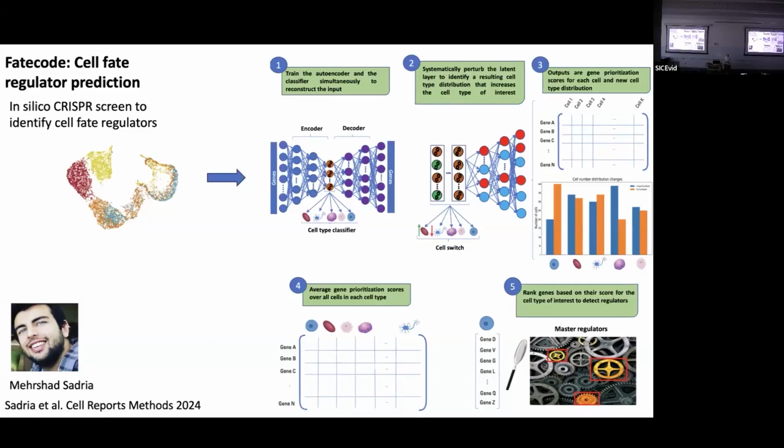So it's kind of like an in silico CRISPR screen to identify cell fate regulators. Sorry, I forgot to mention one thing, which is that once we do that, we're able to figure out what genes or gene expression pattern is captured by these internal representation nodes that we're perturbing, and we can generate a list of genes that are associated with that node, and we can look through that list to identify cell fate regulators like transcription factors.